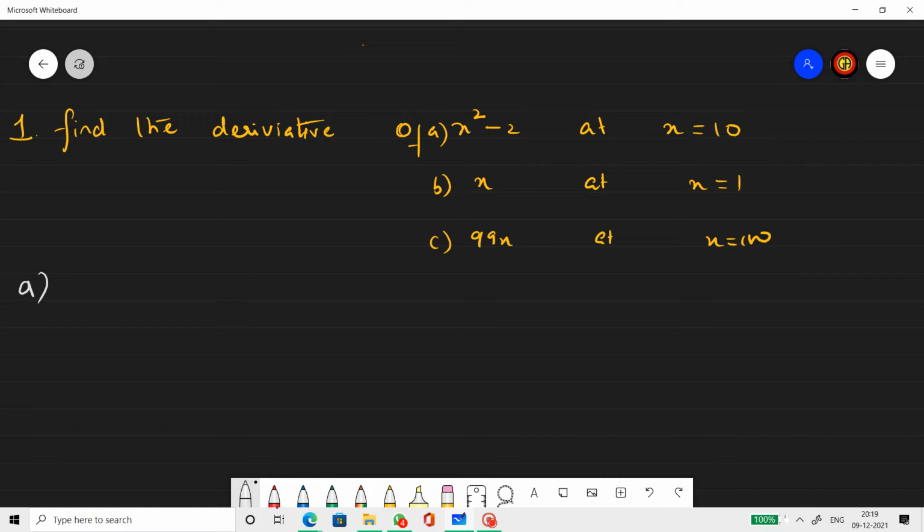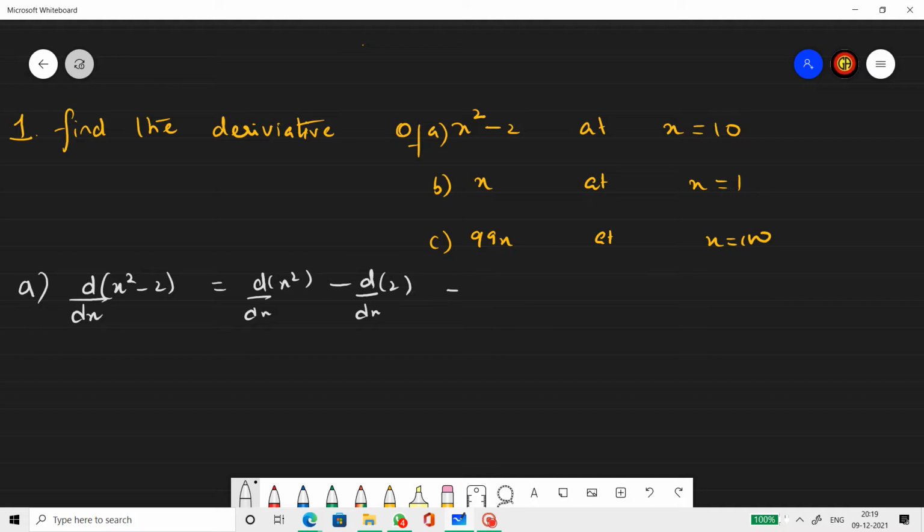So they want us to differentiate x square minus 2 and then find the value of that derivative when x is 10. So let's first differentiate. In order to show that we are differentiating, we write d by dx of x square minus 2, which is d by dx of x square minus d by dx of 2.